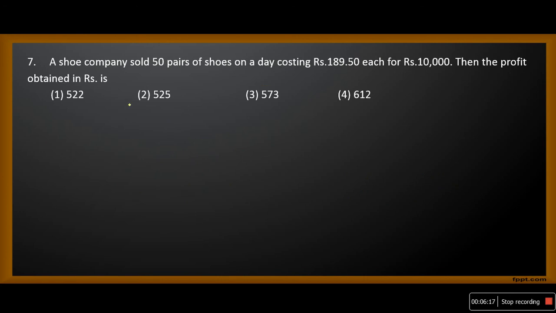Now see here, a shoe company sold 50 pairs of shoes in a day, costing 189.50 each, for 10,000 rupees. Then the profit obtained is, here it is asking profit, not profit percentage. How many pairs are sold? 50 pairs. Okay, let us find the cost price of each pair, which is given in the question directly. The costing 189.50 each.